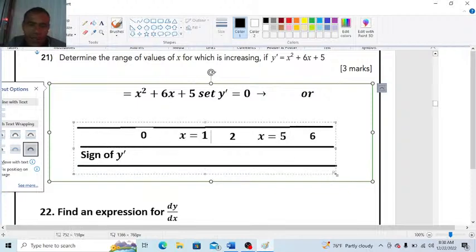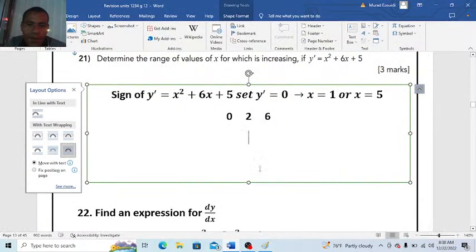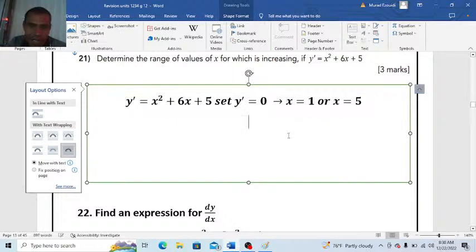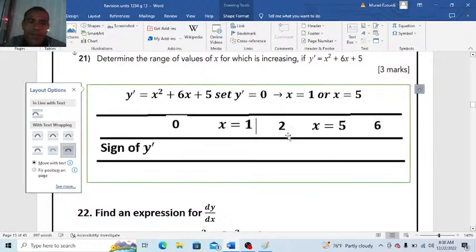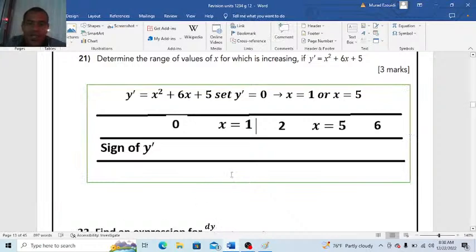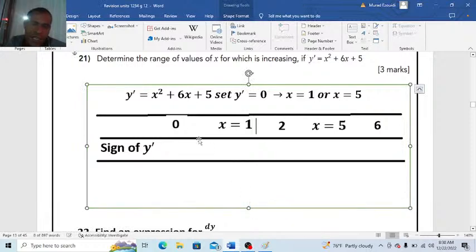Okay, I will make a copy. Now I will paste them here. I will now go back to the beginning. We stopped at this, I thought. Yes, so now I will paste it. Therefore now learners, I will just check the sign of y dash when x is equal to 0.